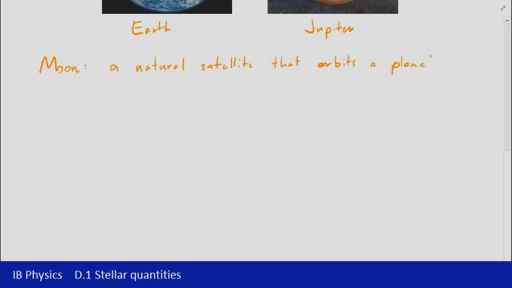So anything that is in orbit around a planet that's a natural satellite, we would say that it's a moon. It could also orbit a dwarf planet. Pluto has a moon, or it could even orbit a minor planet. So a minor planet is something that's smaller than a dwarf planet.